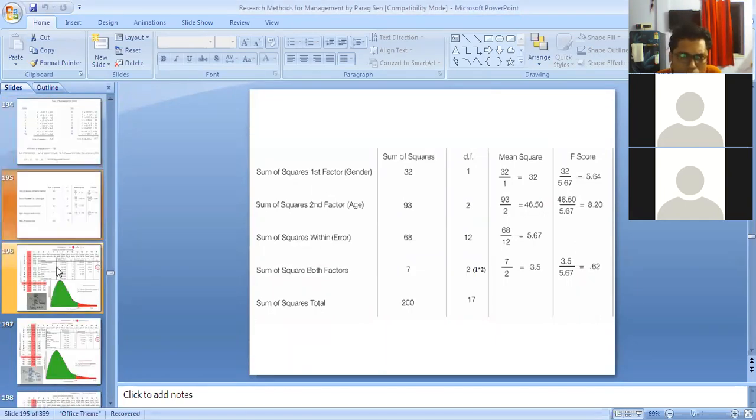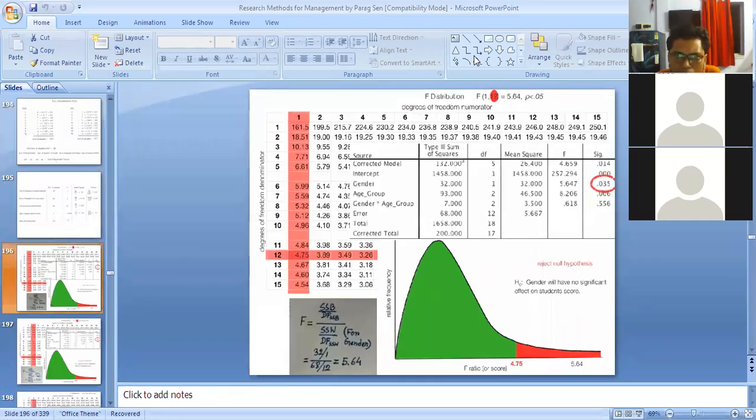So here you can see that 4.75 is the cutoff. Why is 4.75 the cutoff? Because you are considering alpha value 0.05, and you need two degrees of freedom for your F distribution.